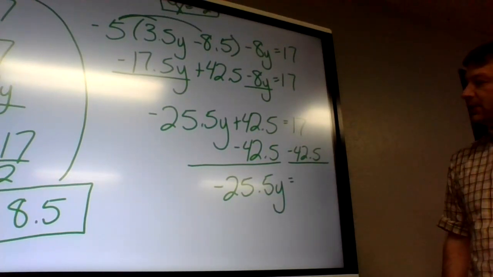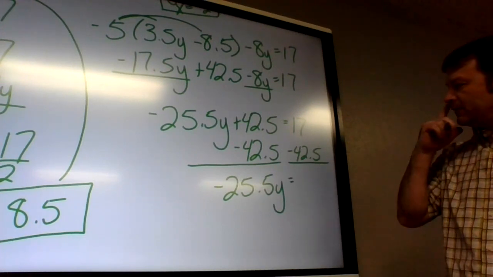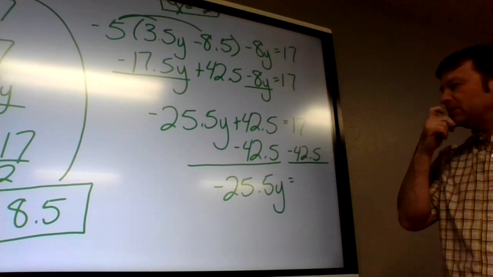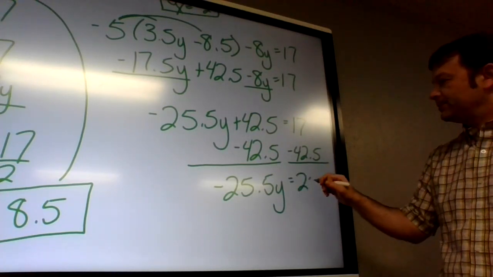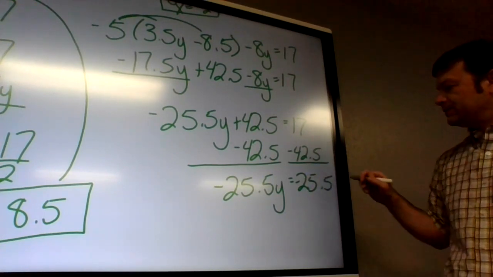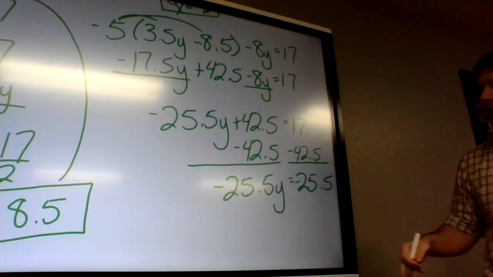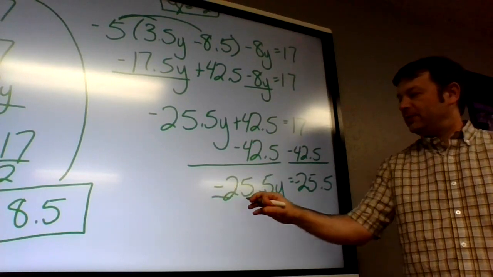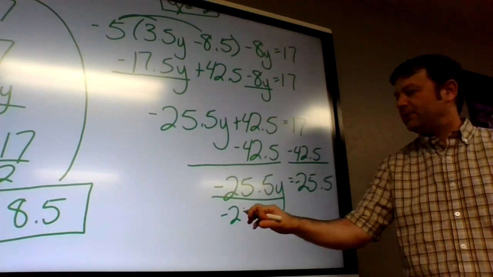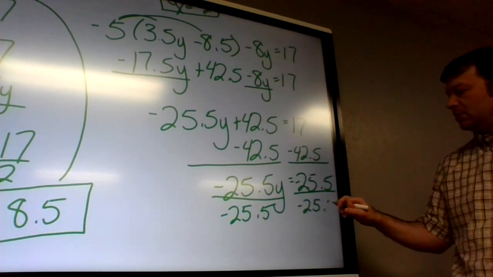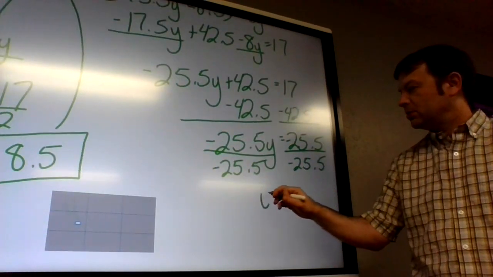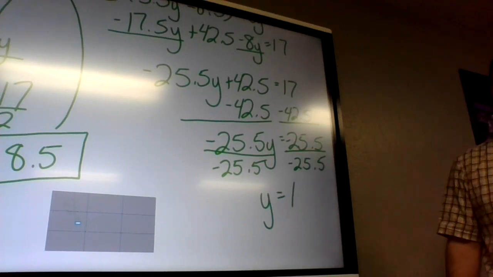Let's see, hold on. 35.5, or is it 34? This is 25.5. Oh yeah, 25.5, that's right. Or negative. Oh, of course. And then if we divide by negative 25.5, we get y is 1.